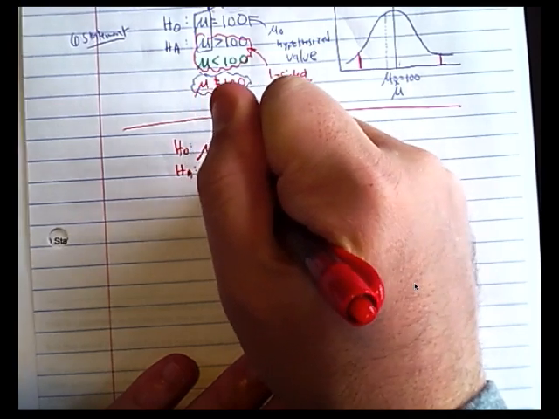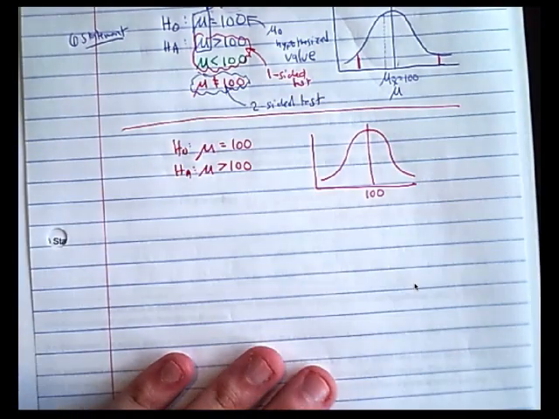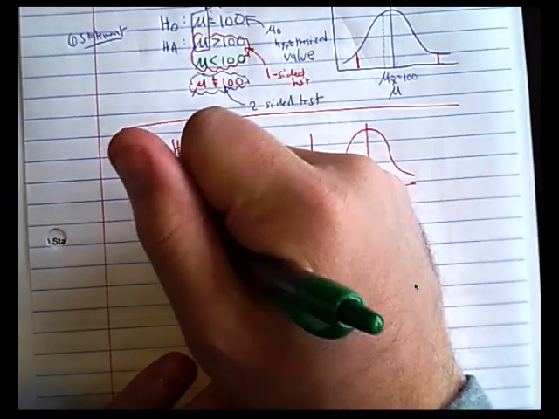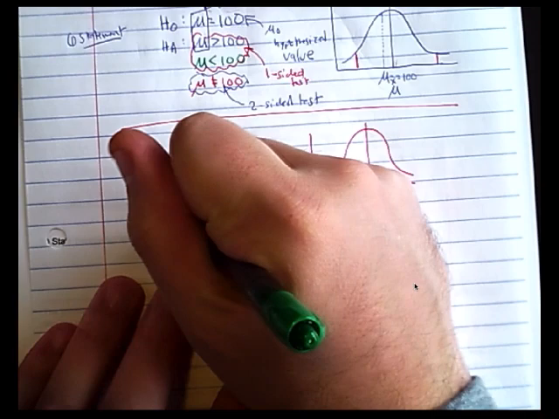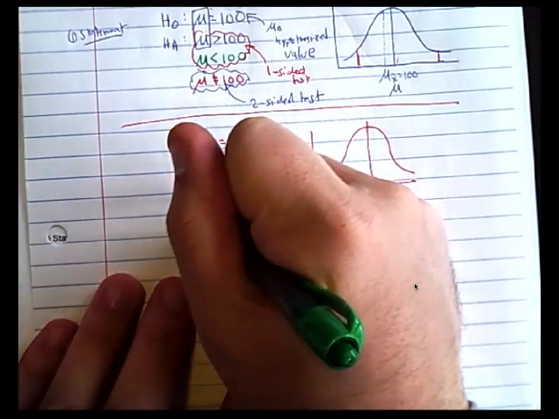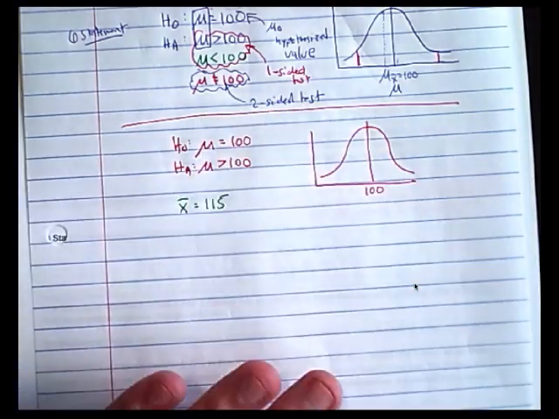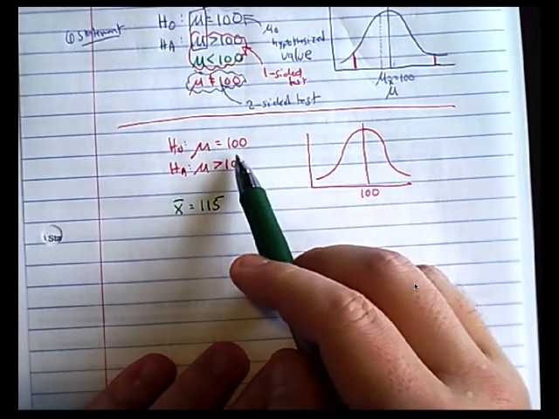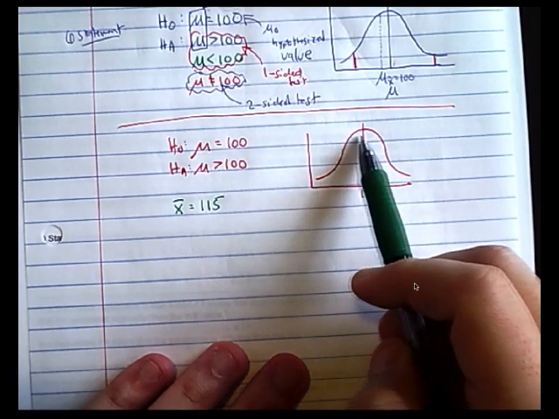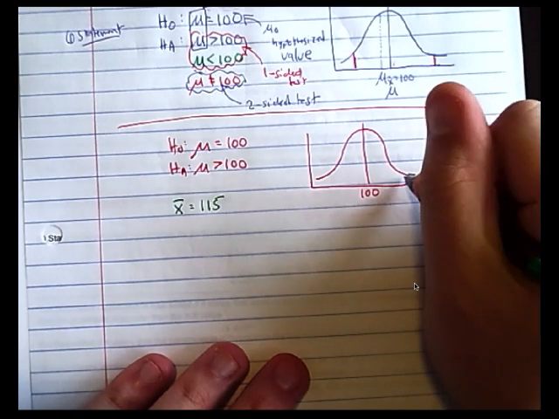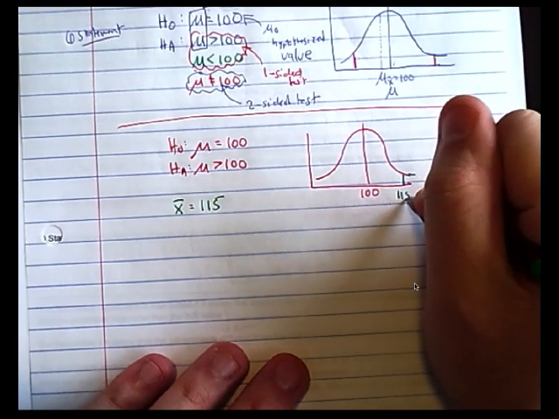Let's say that we think it's greater than 100. So we take a sample and we get an x-bar of, say, something really high, like 115. Now, how many people we sample is going to determine the spread of this sampling distribution. But 115 is going to be somewhere out here.